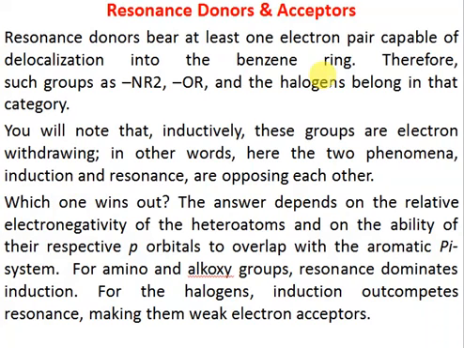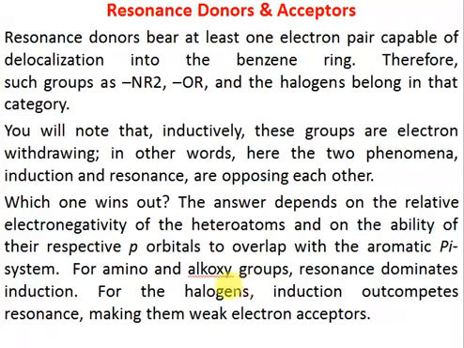The inductive effect is present, but the resonance effect dominates because the p orbitals of these groups overlap much better with the pi system of the aromatic ring. So amino group and alkoxy group have a dominant resonance effect.